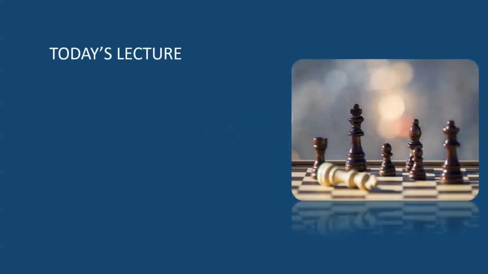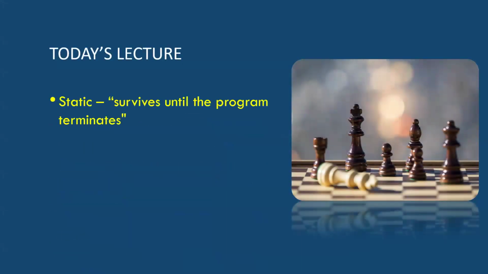For today, we're going to introduce chess, but predominantly we're going to talk about static variables and static members and static methods, which is a little mysterious, but once you understand it, it's actually really, really useful. And you start seeing it everywhere once you know what's going on.